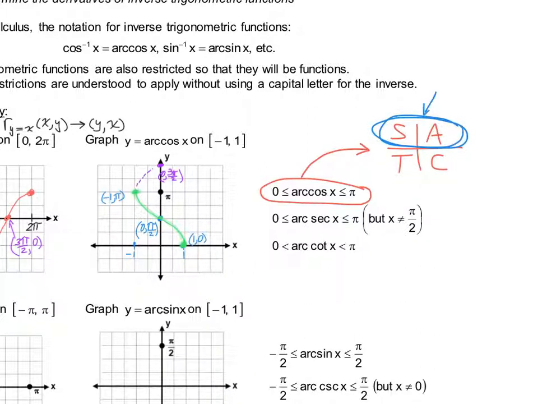This is where arc cosine exists. If you do inverse cosine as an operation on your calculator, you'll never get an answer outside of that interval, if it exists.